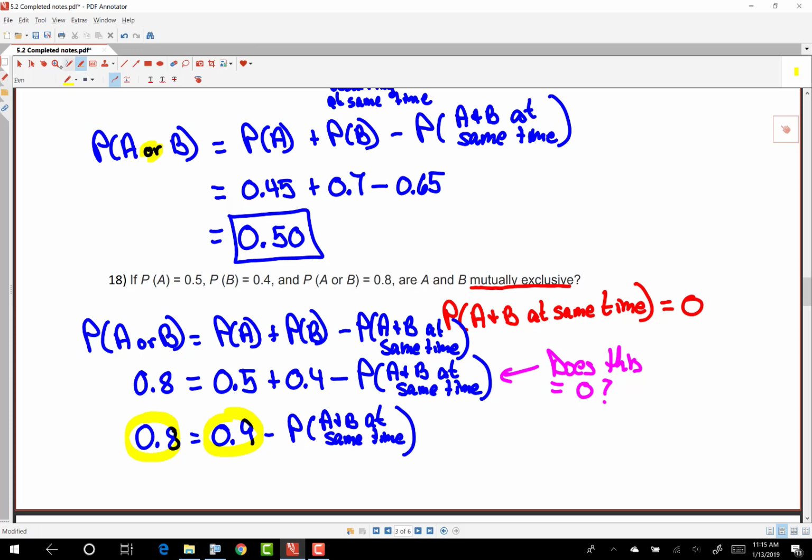So there is no way that this is equal to 0. So we can just say not equal to 0. So to answer the question, no, they're not mutually exclusive because there's going to be a value there. Now you can finish solving for it and see that it would be 0.1. So it's not 0.